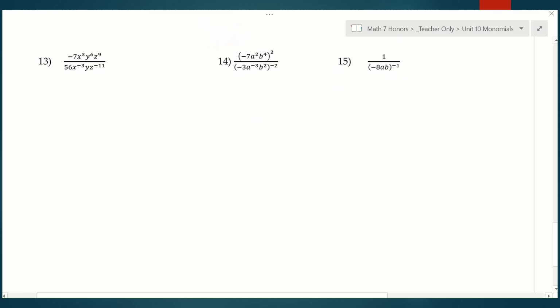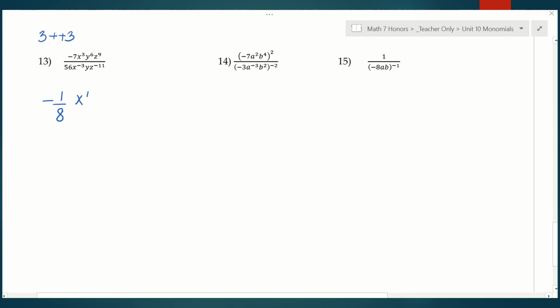Let's see here. So for 13, I think we should just start by dividing. Negative 7 divided by 56. If I reduce that, I get negative 1/8. And then x to the 3rd divided by x to the negative 3rd. So remember, I'm subtracting my exponents. 3 minus negative 3 gives me 6.